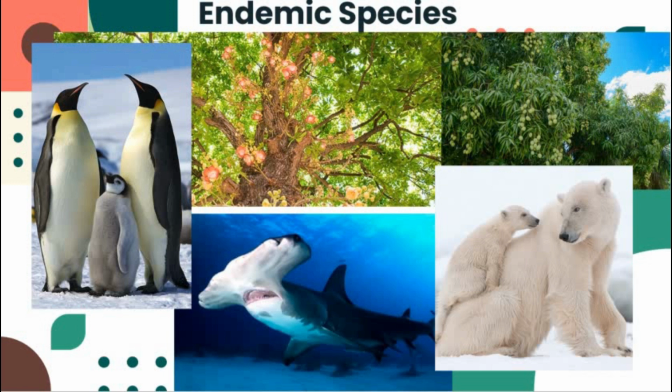They are restricted to particular geographic regions and are not found naturally anywhere else. A particular type of animal or plant may be endemic to a zone, a state, or a country. Hope you all are now clear what endemic species are.